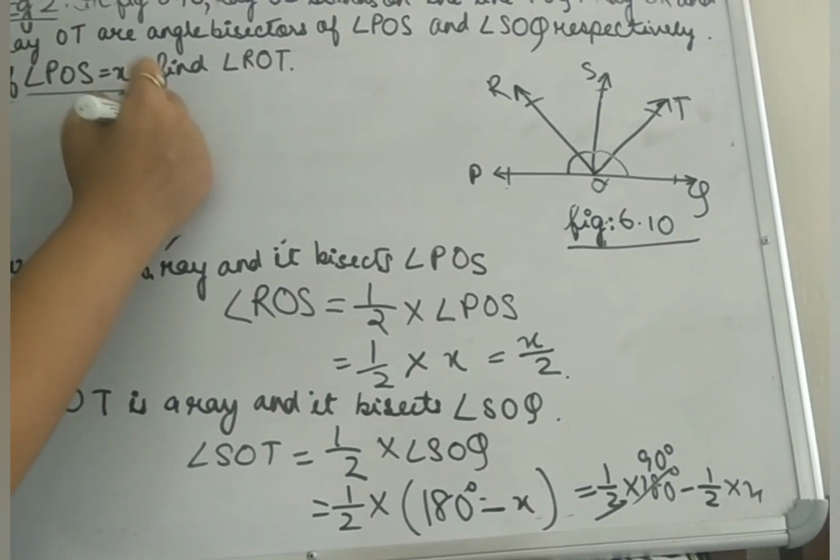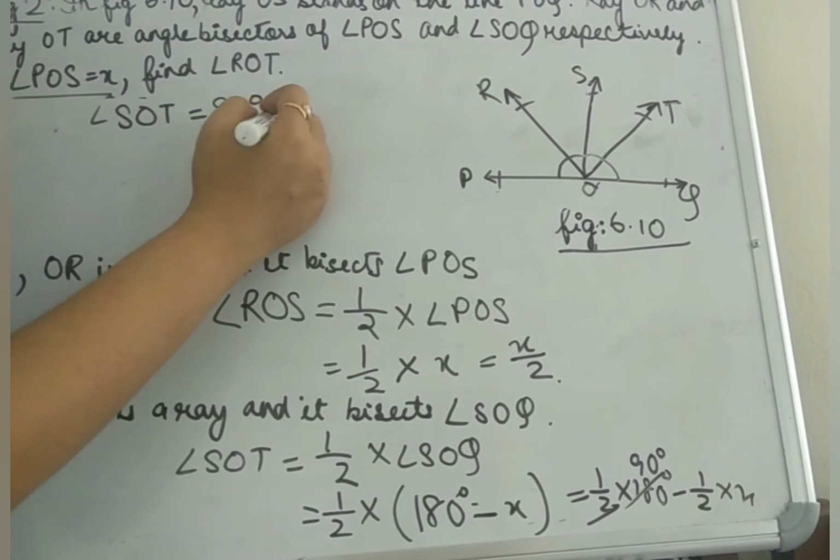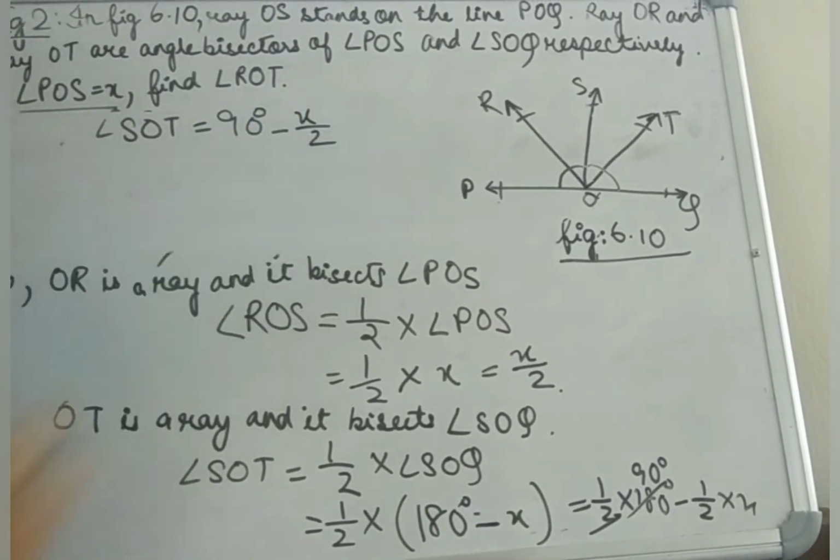So angle SOT will be equal to 90 degrees minus X by 2.